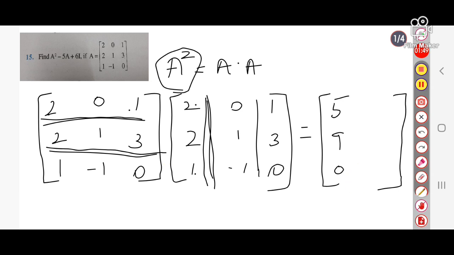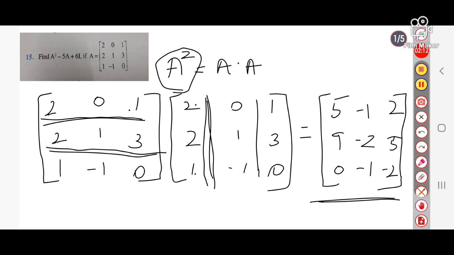Similarly, if we do this, we yield minus 1, minus 2, minus 1, 2, 5, minus 2. So the value of A squared is 5, minus 1, 2; 9, minus 2, 5; 0, minus 1, minus 2.